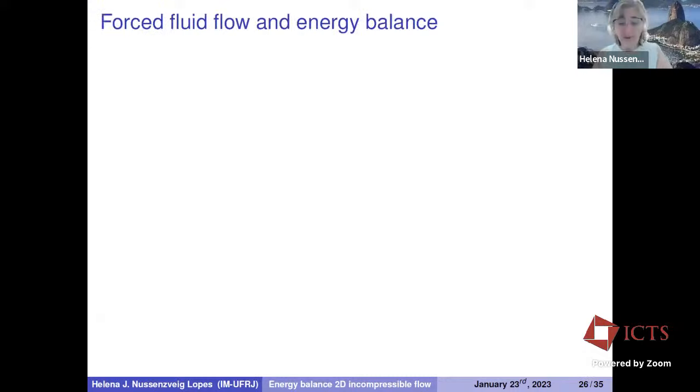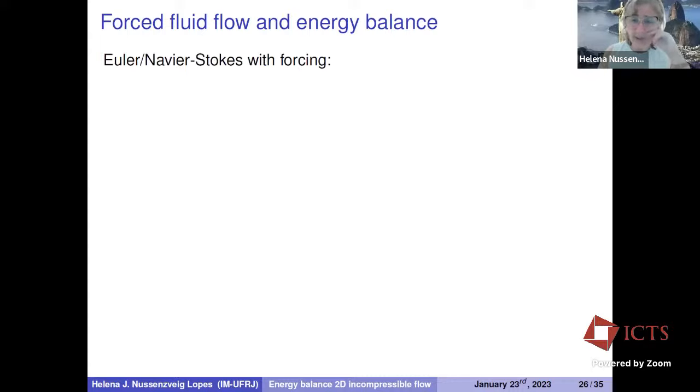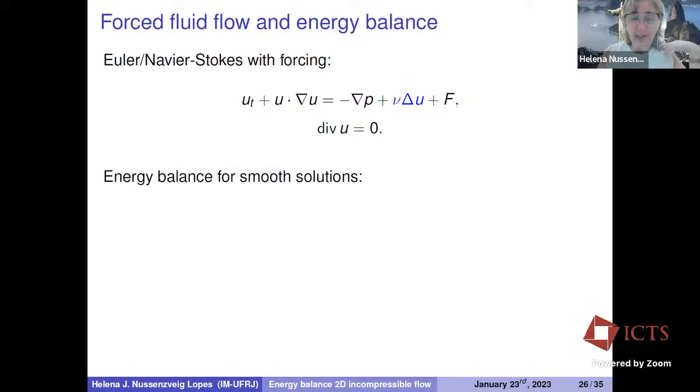Okay, now let me come to the main subject of my talk, which is forced fluid flow and energy balance. So the Euler and Navier-Stokes equations with forcing, which I already mentioned before, are given here: u_t plus u dot grad u is minus gradient of pressure plus nu Laplacian u plus F, divergence of u is 0. And energy balance holds for smooth solutions.